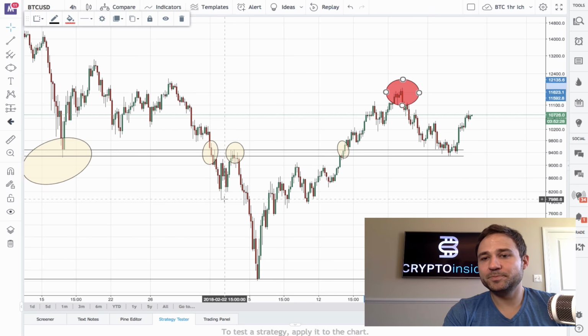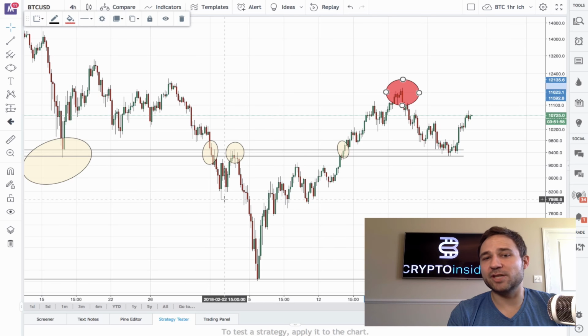Now that you know how to find areas of key levels of support and resistance, now you can start building a better foundation on how to trade, because support and resistance truly are the fundamental building block of almost all indicators and almost all smart trading decisions.